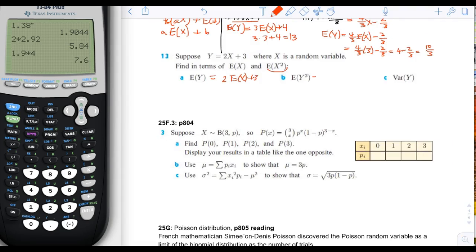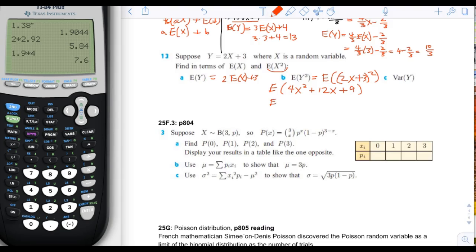this is equal to the expected value of (2x plus 3) squared. So let's expand that. The expected value of 4x squared plus 12x plus 9. Now let's break it down.